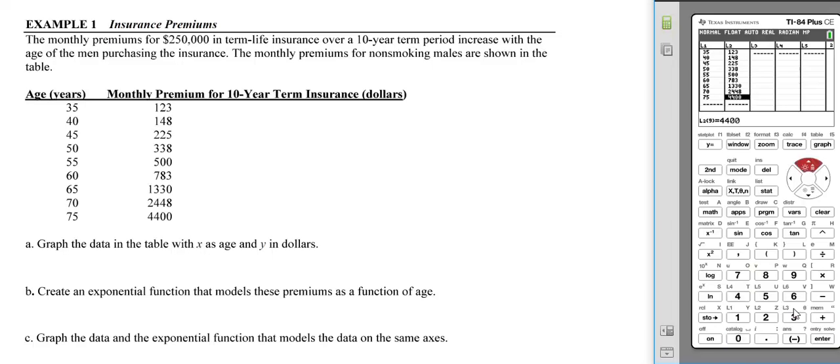All right, double check and make sure that you haven't made any entry errors. Make sure all of your entries are correct.